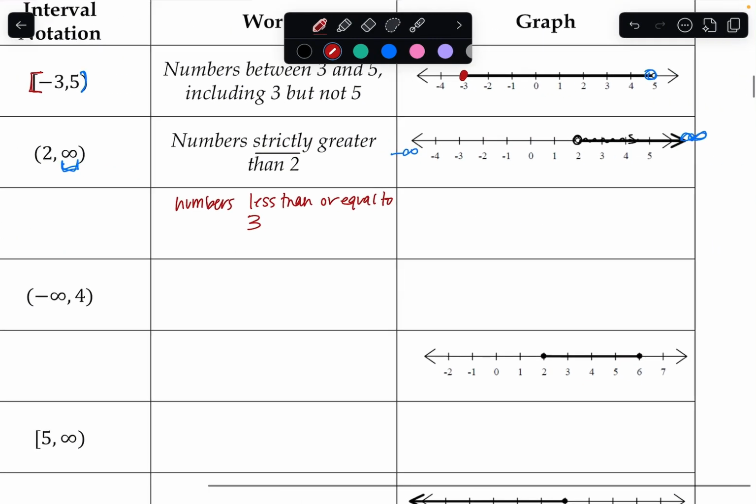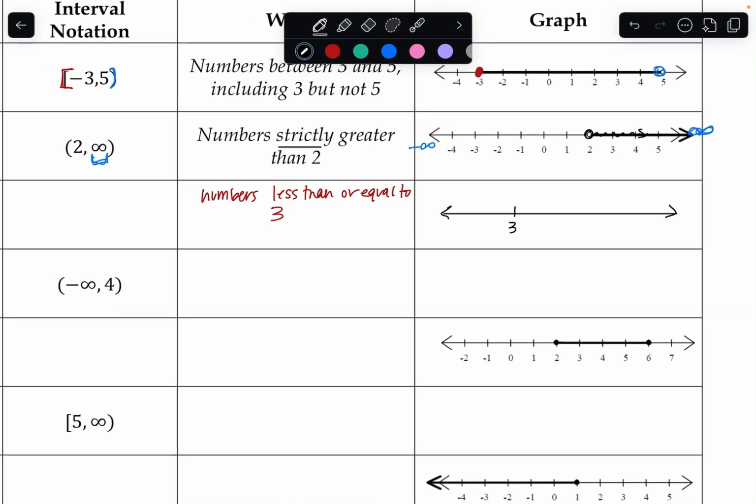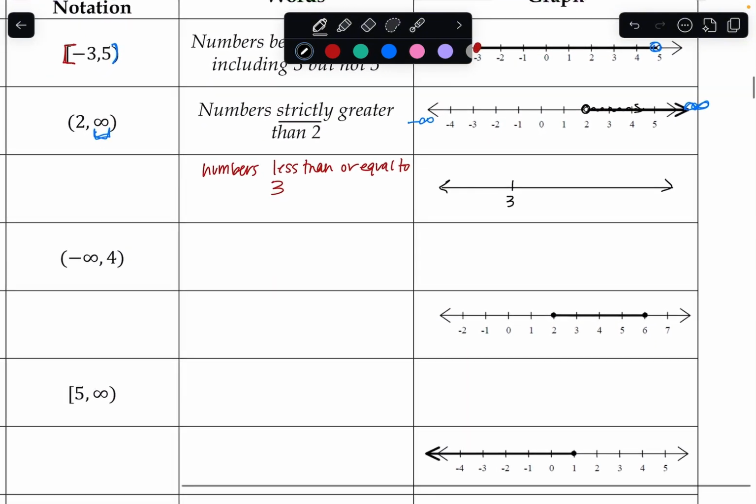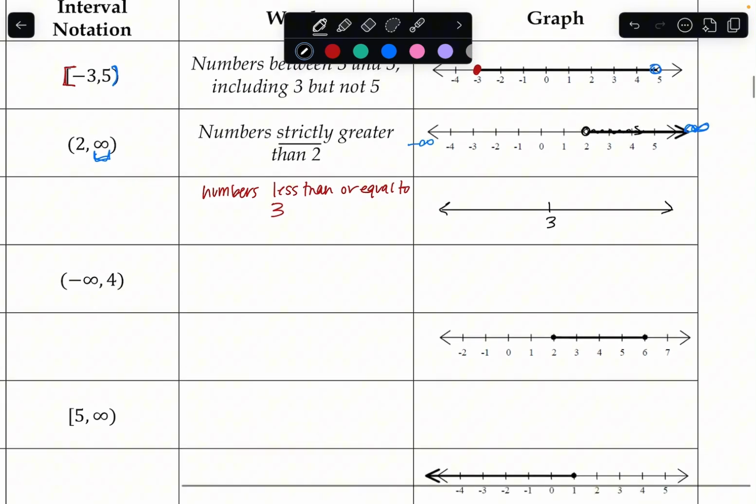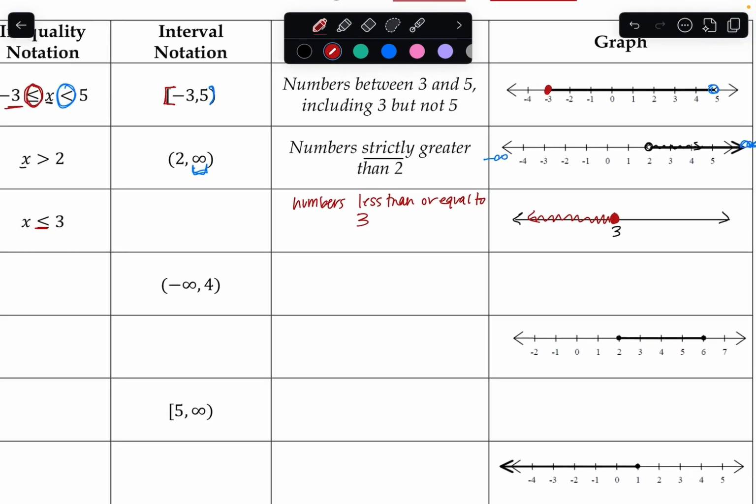And so on the number line, and you don't have to write all the numbers on the number line, you can if you want to. I usually just put the significant value, which is 3 in this case. And then it says, I'm actually going to put it in the middle, less than or equal to. And so that means we're going to have a closed circle for equality, and then less than would be to the left. Those numbers are less than 3.